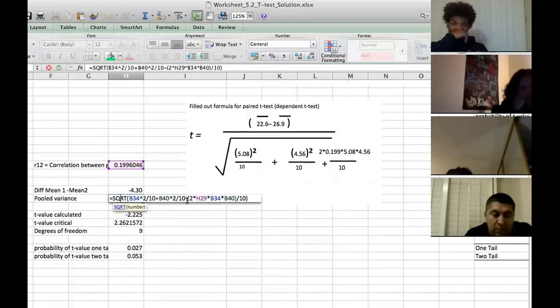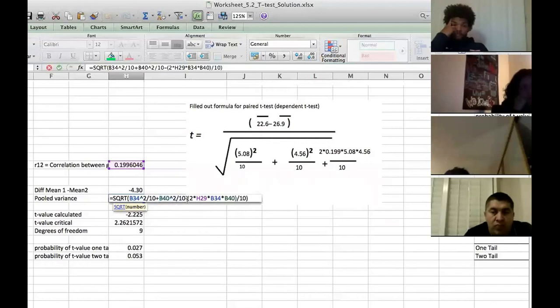The only thing is we added this term here, right? So it's the standard deviation of group 1 squared divided by 10, plus the standard deviation of group 2, which here is the post-test, squared divided by 10.